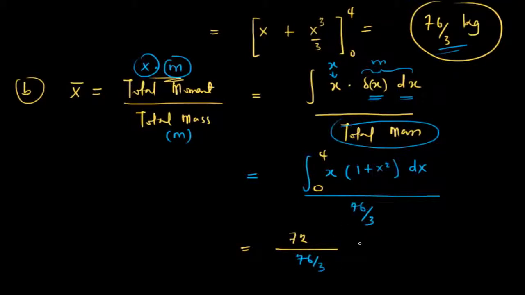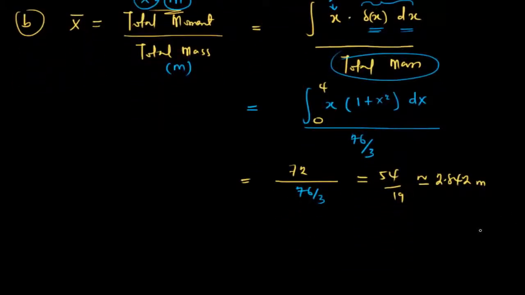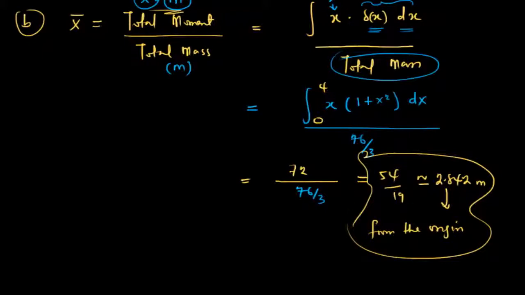When we simplify this further, what we would have is 54 divided by 19, which is approximately 2.842 meters. So you can just say 2.84 meters, 2.842 meters from the origin. Anyway, this is the solution to the problem.